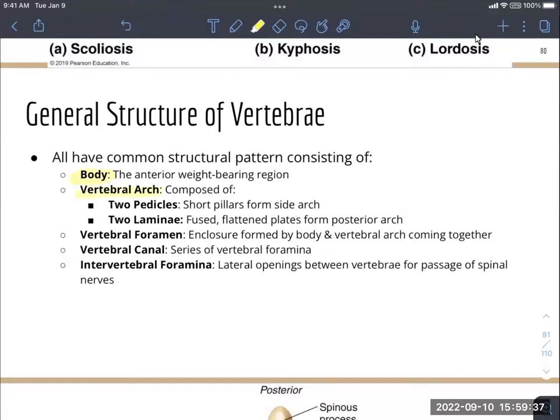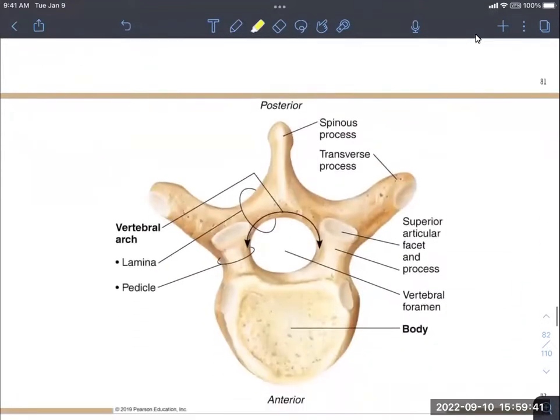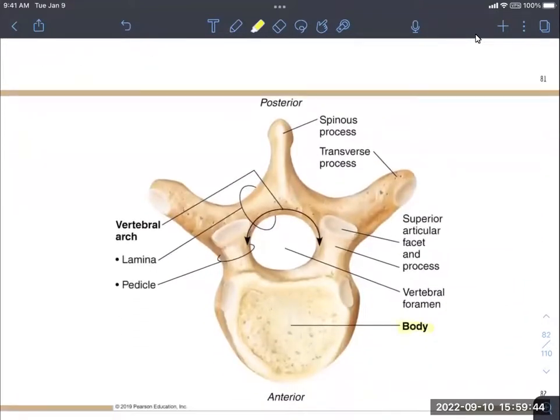We have a vertebral arch. Let's just look at the picture. We have a vertebral body here. This is where the weight is carried. We have that vertebral arch we just talked about is made up of the lamina, which is this posterior part, and the pedicle, which is the anterior side part here.